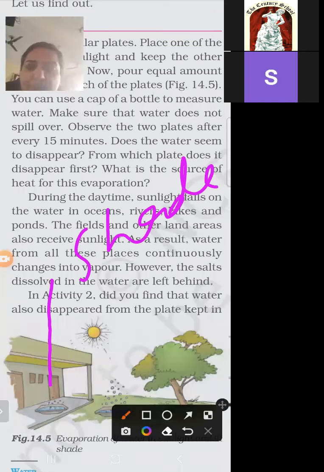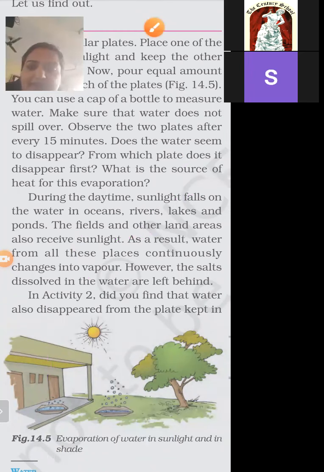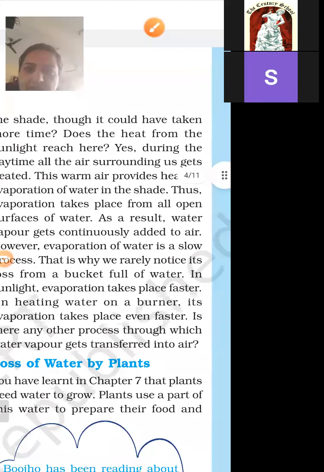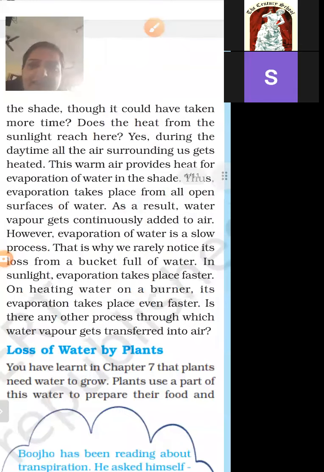Why does it evaporate? Though it has taken more time, does the heat from the sunlight reach there? Yes, sunlight reaches plate 2 also.